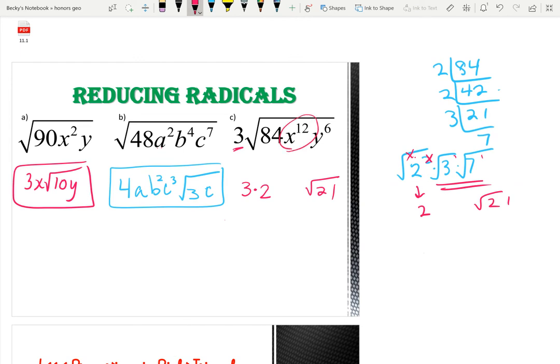So let's do this exponent. How many groups of 2 do you have here? You have 6. So you have x to the 6th. And let's do the y. So this is y to the 3rd. And then now we have 6, x to the 6th, y to the 3rd, square root of 21.